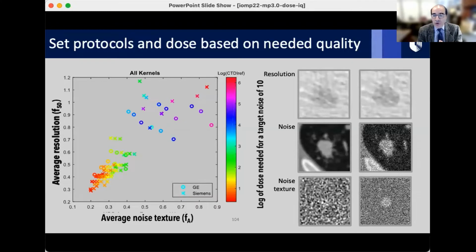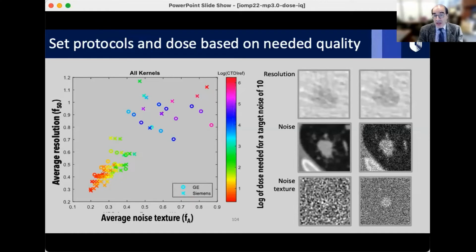I put the average noise texture, which is the average frequency of the noise power spectrum, on the x-axis. So the x-axis gives me the noise texture, the y-axis gives me the resolution, okay? And now I am seeing how different kernels of GE and Siemens relate to one another in terms of their ability to render resolution and their noise texture properties. So I can figure out which one is closest to which one.